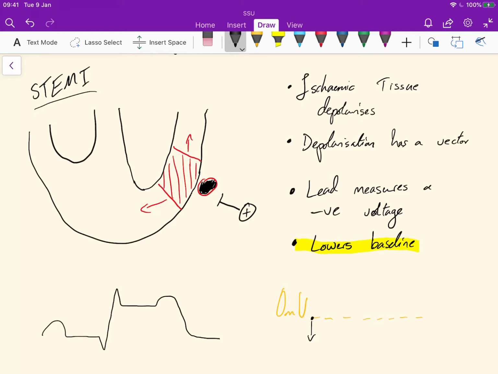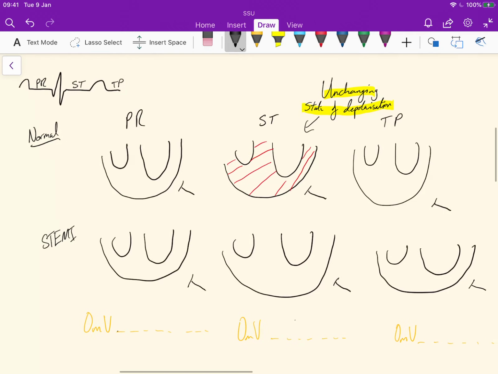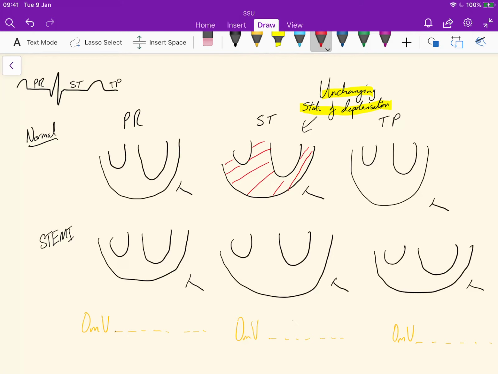Okay, so if we change up this diagram a little bit more for a STEMI, this transmural area of ischemia is causing depolarization moving this way, so it's moving away from the lead.